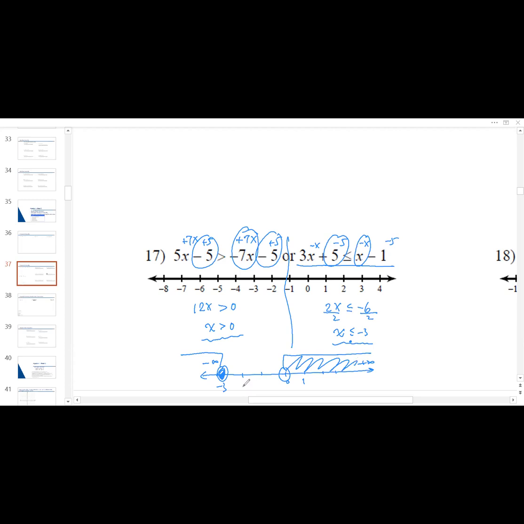So you can write the notation as negative infinity to -3 and 0 to positive infinity. So this uses the bracket. I have to change, right? So here is not a parenthesis, it's a right bracket. They are equal here, equal here. So you need to change it to a bracket.